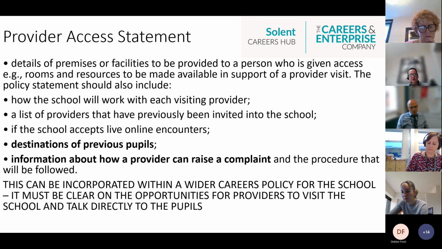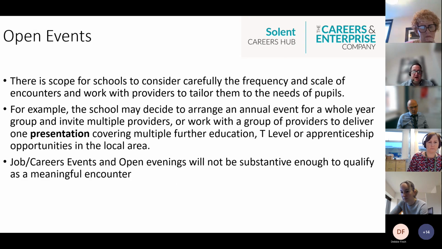It must be clear on the opportunities for providers to visit the school and talk directly to the pupils. So open events, which we know from experience is one of the areas where this messaging has been put across in the past. So there is scope for schools to consider carefully the frequency and scale of encounters and work with providers to tailor them to the pupil needs.